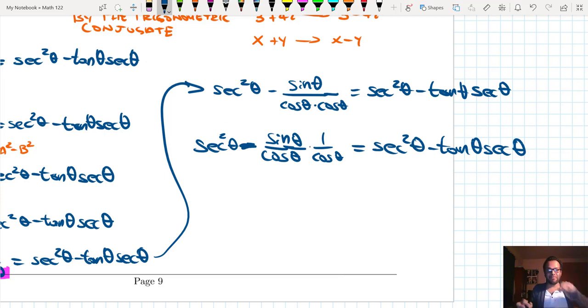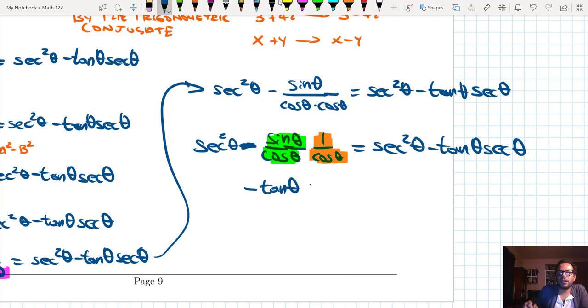All right. We are going to use a couple of identities here. What do we know about sine theta over cosine theta? And what do we know about 1 over cosine? The one I highlighted in green, which is sine over cosine, equals tangent theta.